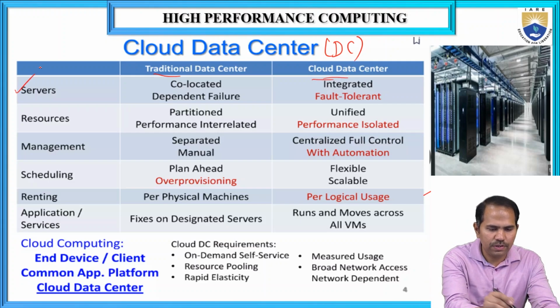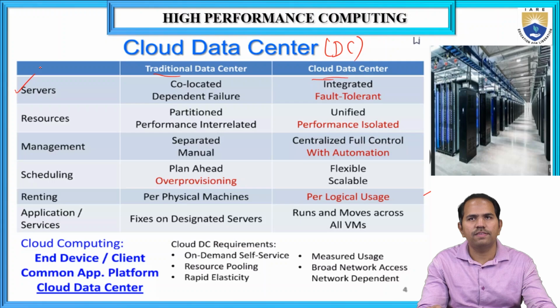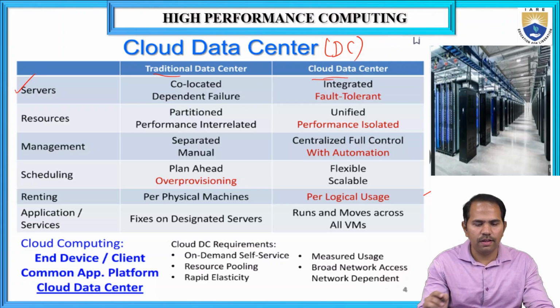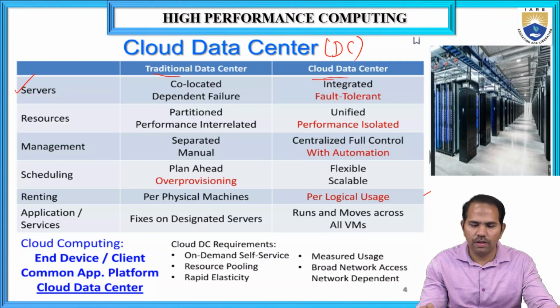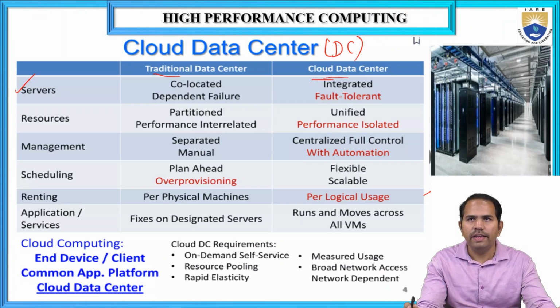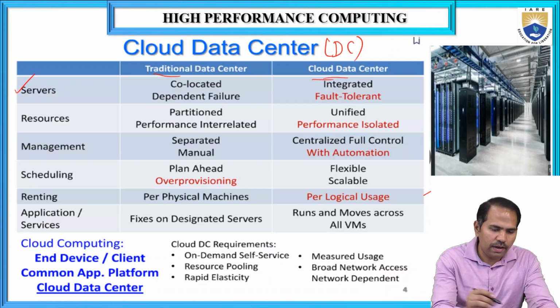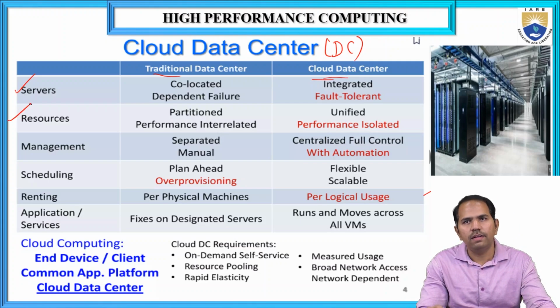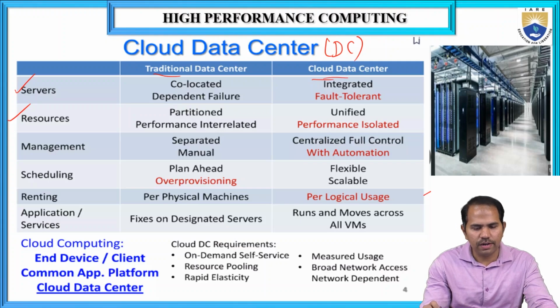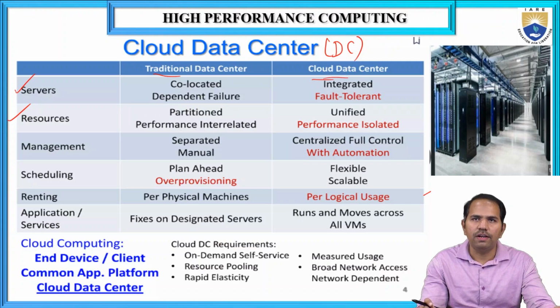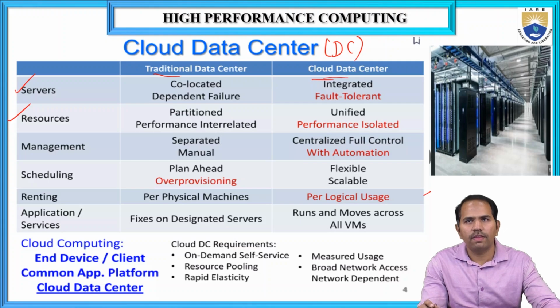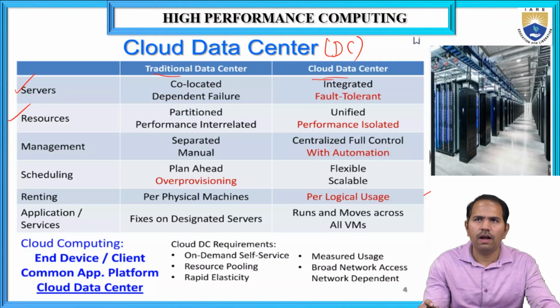Coming to the first parameter, we take servers. In a traditional data center, servers are co-located and failure dependent. In a cloud data center, they are integrated and fault tolerant. The second factor is performance. In a traditional data center, it is partitioned and interrelated, while in a cloud data center, it is uniform and performance isolated.